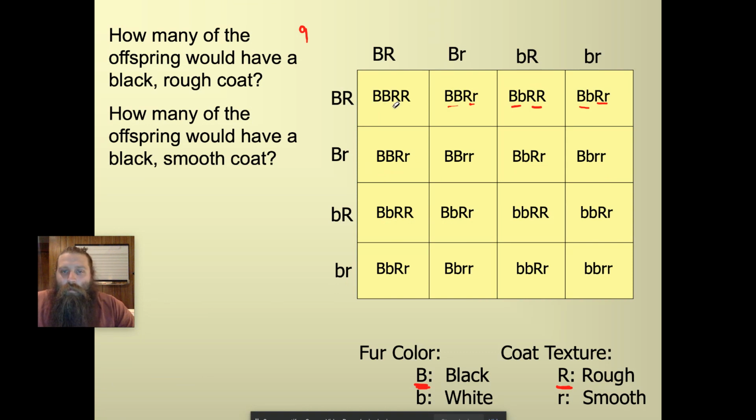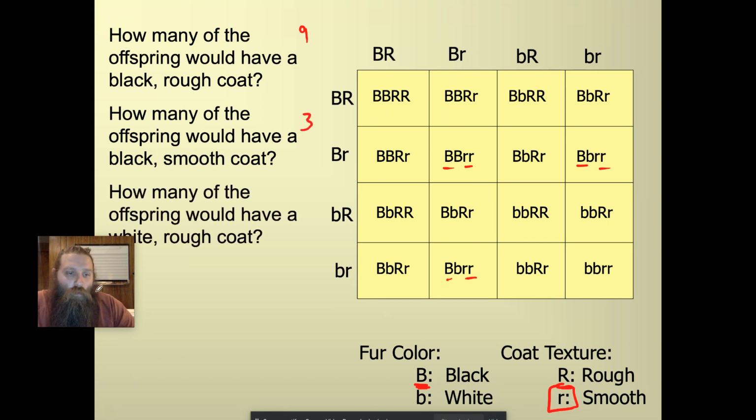So the black gene for coat color is still going to be just 1 big B is all we need, but smooth coat has to have 2 little r's. So we need big B and then 2 little r's. So there we go. 1, 2, 3. That's it. So we have 3.